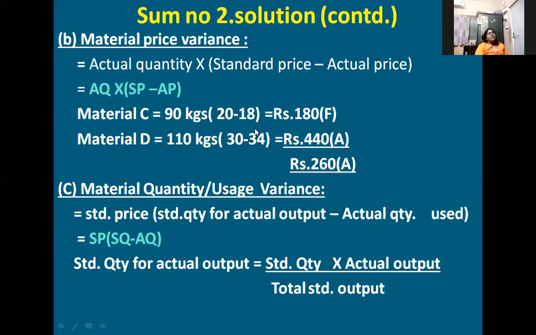Get the answer whether you are getting negative or positive. So for C we are getting favorable and for D we are getting a negative answer. So 440 is the higher amount. So we are getting the balance in the negative sign. So minus 440 plus 180 means what is your resulting answer? 260. So 260 is adverse.